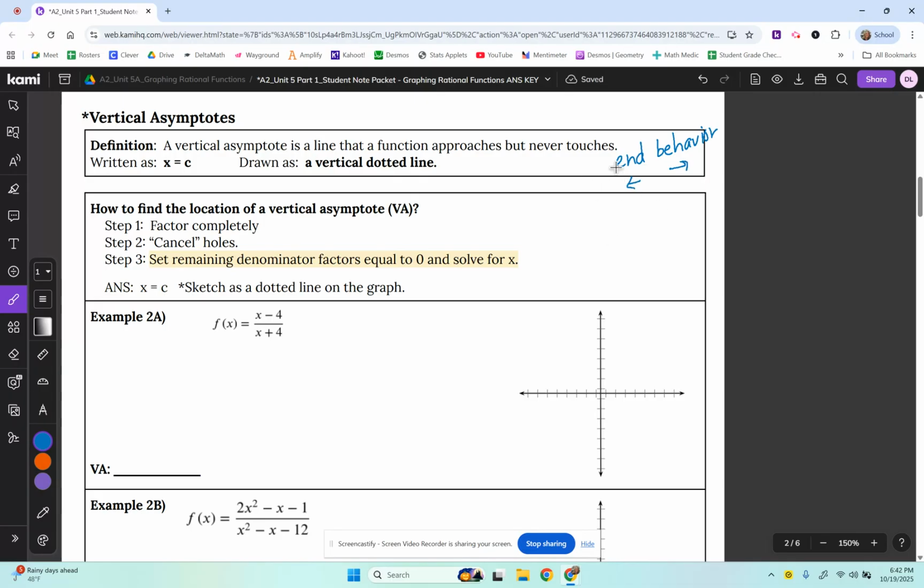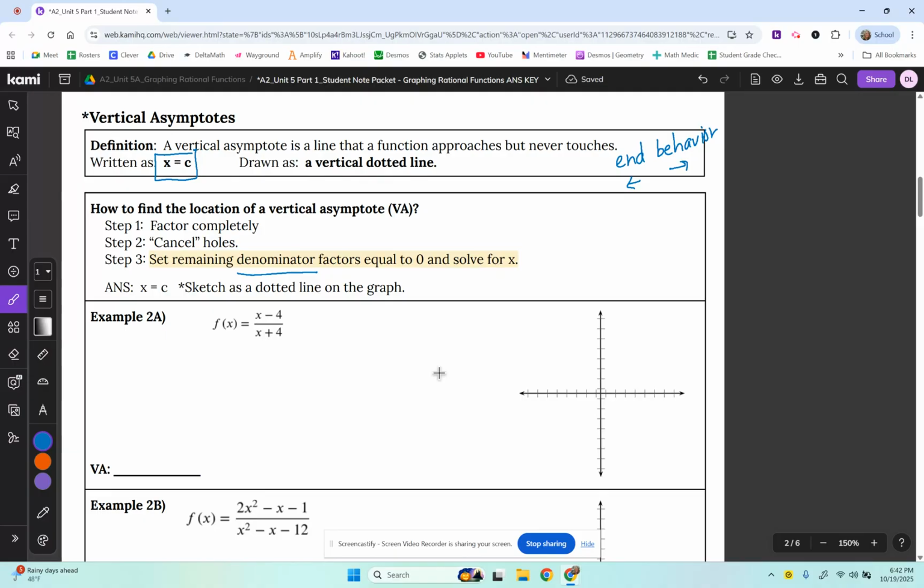Okay, a vertical line is going to cut through the x-axis. So your equation is going to be x equals, and then whatever number value you get, in order to know the location. Just like before, we're going to factor our polynomial. We're going to cancel out any of the holes that we have and put the hole on the graph. And then the remaining denominator factors, we're going to set equal to 0 and solve for x.